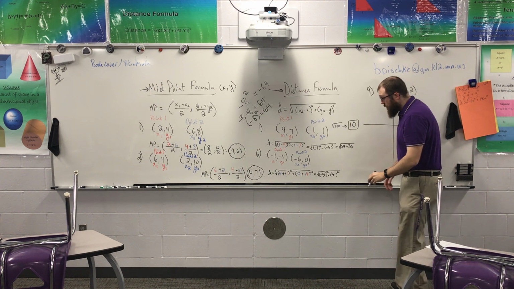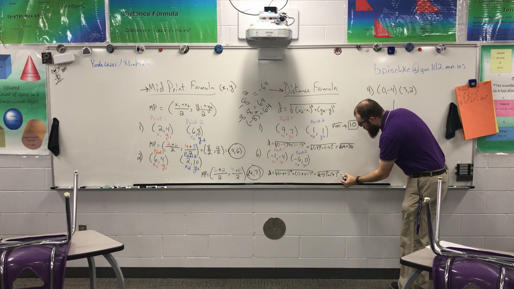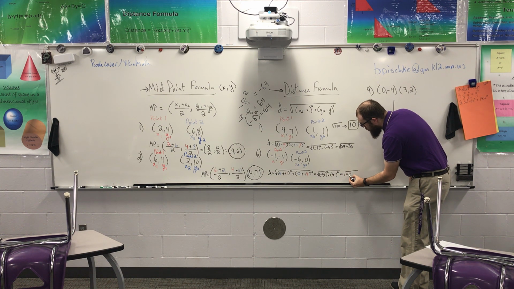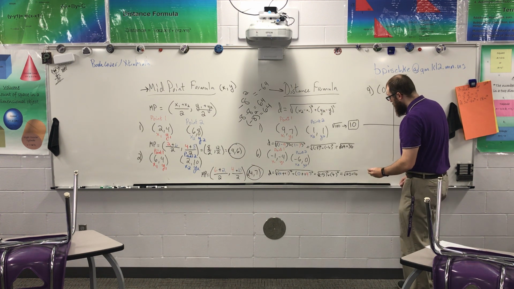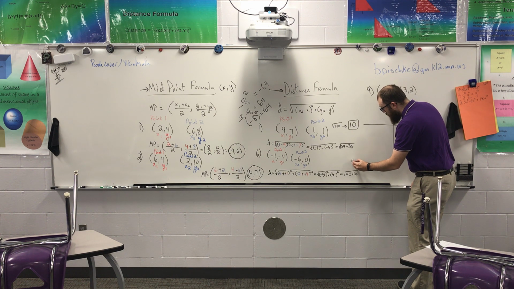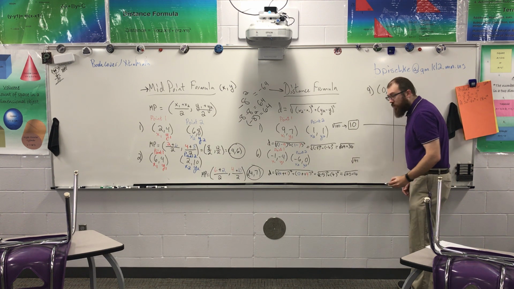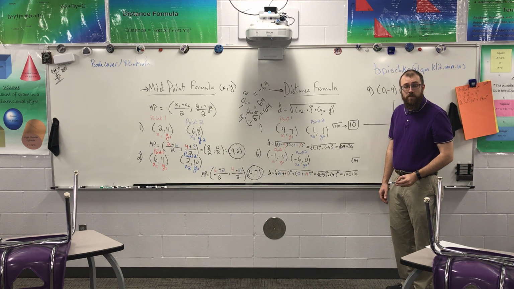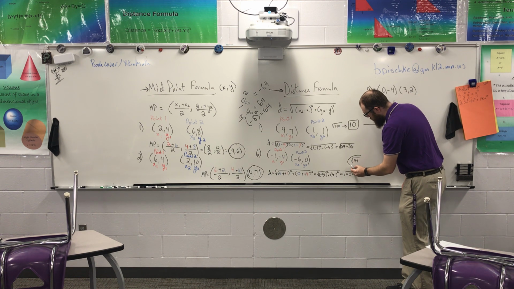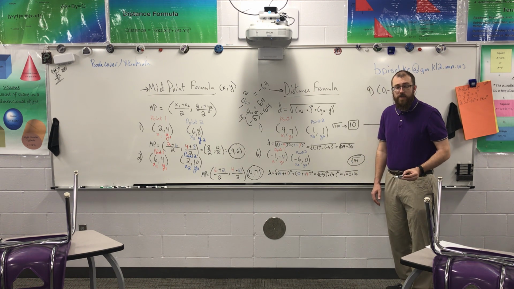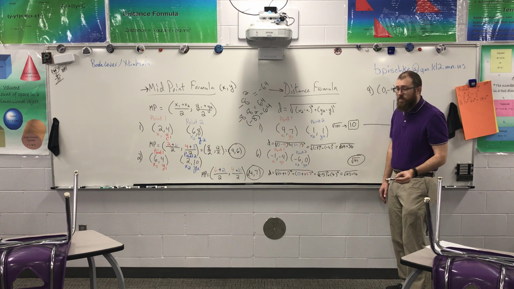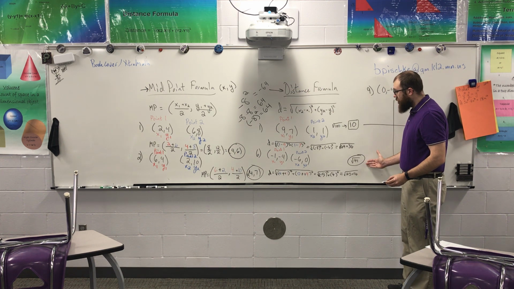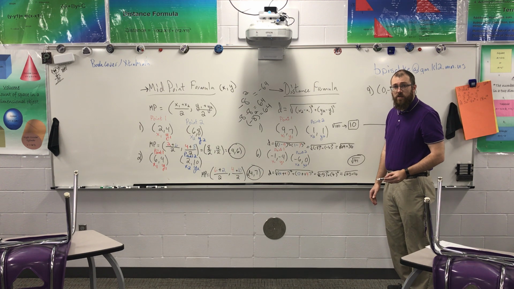Again, make sure you type these in correctly using your parentheses. -5 squared is 25. 4 squared is 16. 25 plus 16 is 41. Does 41 square root? No, it does not. So this is my answer. It is not 6.5 something. It's this. The square root of 41 is my solution.